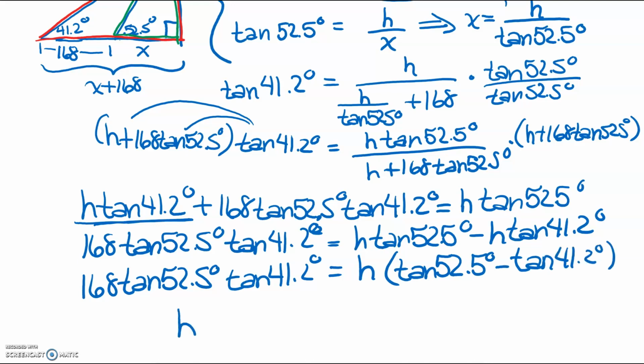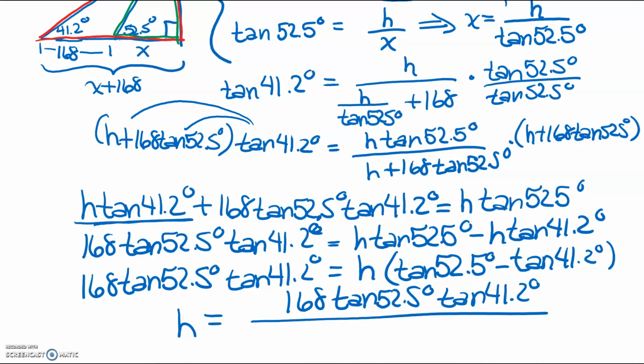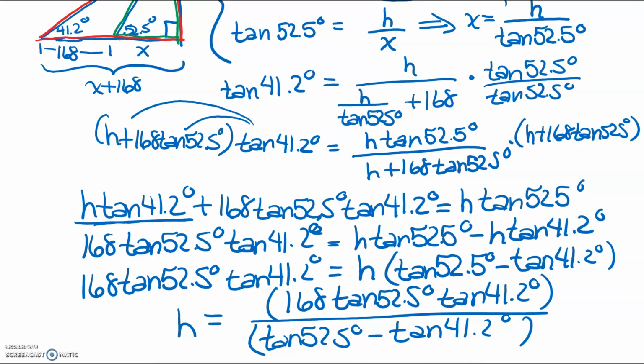So now I'm going to divide both sides, and I get 168 tangent of 52.5 degrees, tangent of 41.2 degrees, all over the tangent of 52.5 degrees minus the tangent of 41.2 degrees. When you plug something like this in your calculator, make sure that you put parentheses around the numerator and denominator, or you may get an unexpected answer that will not work.